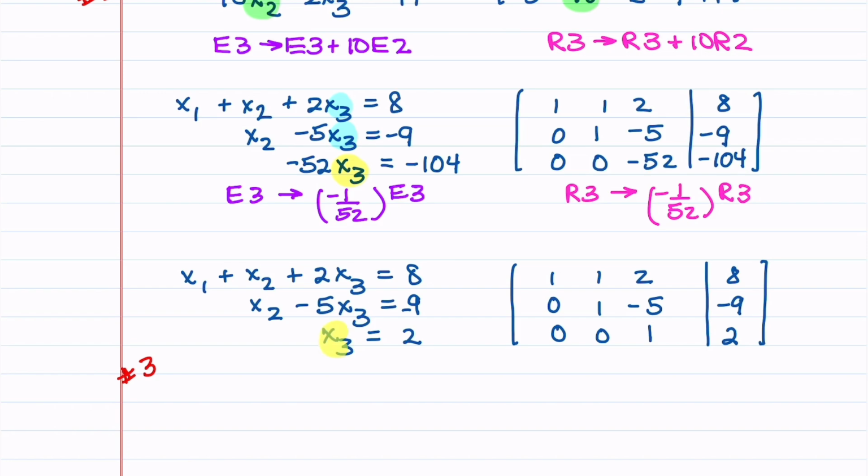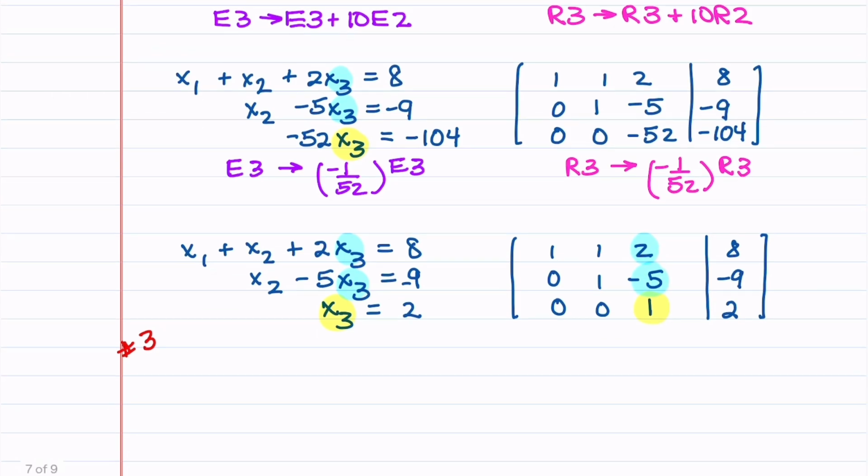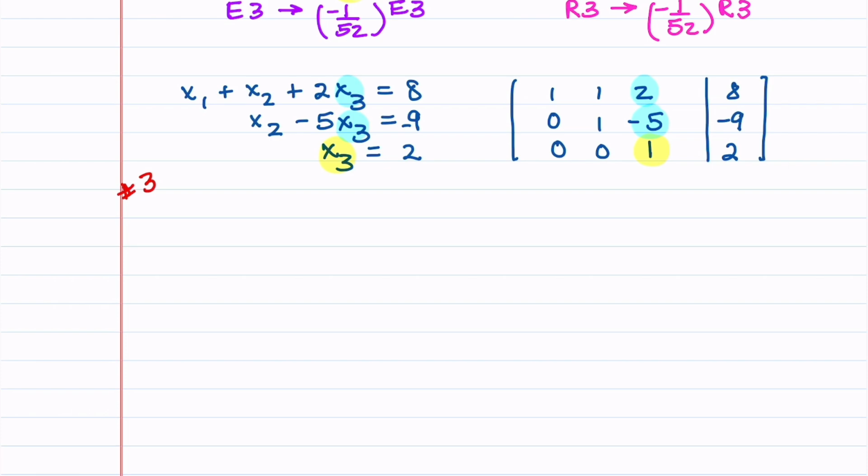We're going to use the x3 in equation 3 to eliminate the x3 in equations 2 and 1. Likewise, we're going to use this 1 entry to eliminate the minus 5 and the 2 entries. To eliminate the x3 in equation 2, we'll say that equation 2 becomes equation 2 plus 5 times equation 3.